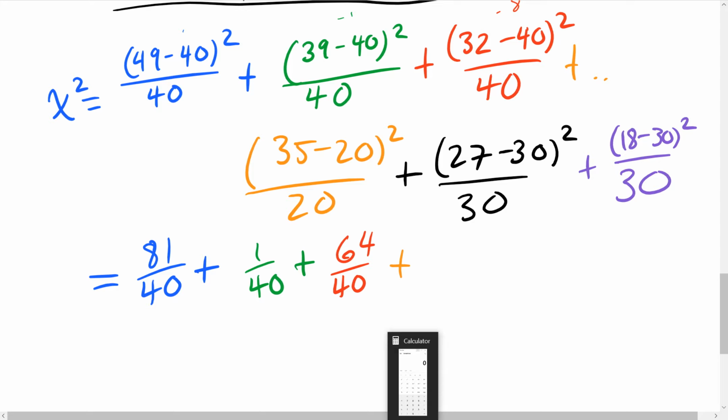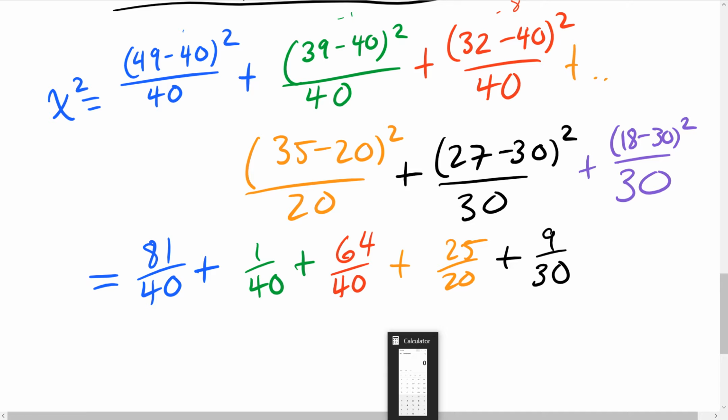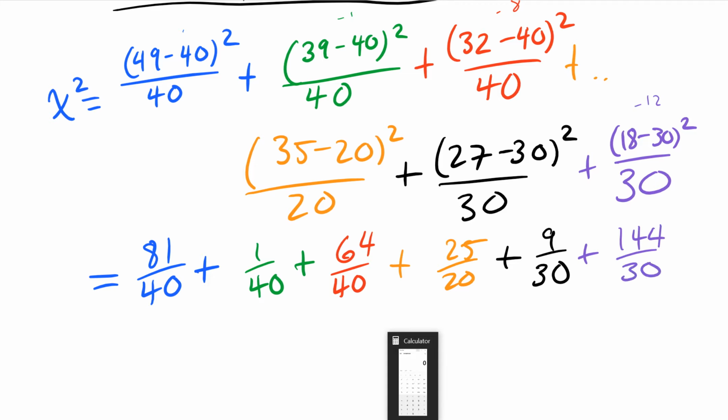Plus 35 minus 20 is 5 squared is 25 divided by 20. Plus 27 minus 30 is minus 3. Squared is 9 divided by 30. Plus 18 minus 30 is negative 12. That's 144 divided by 30.